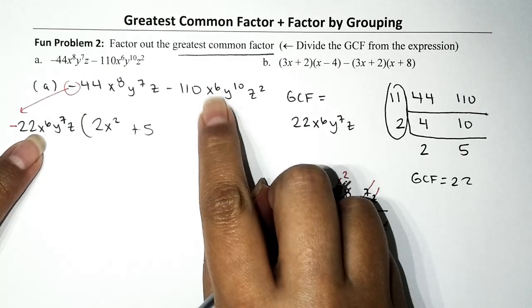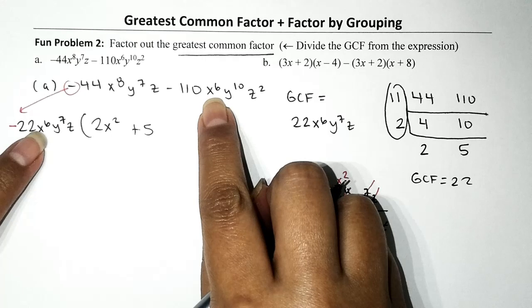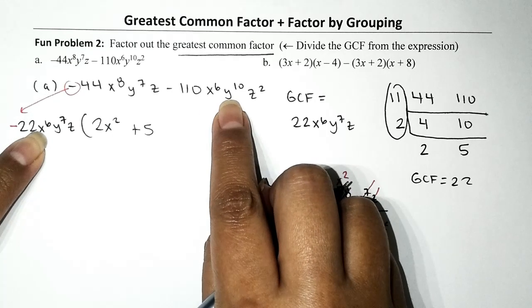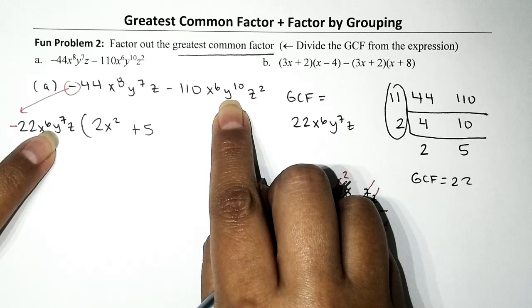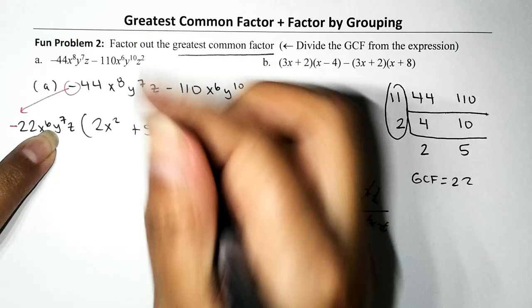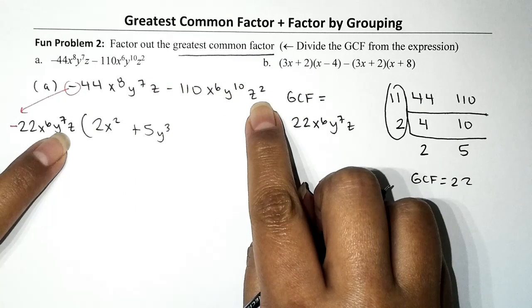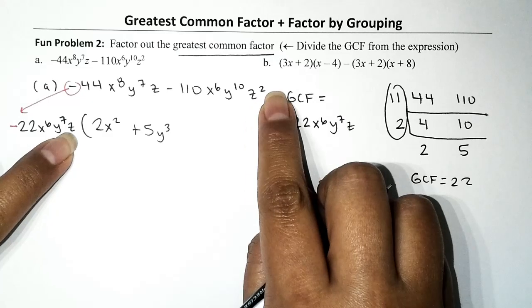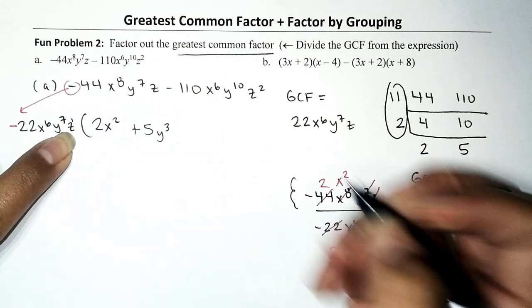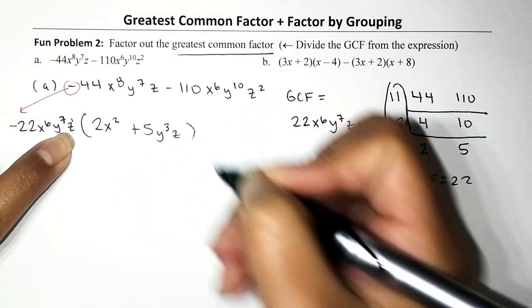The quotient of the x's, x to the 6 divided by x to the 6 will give us 1, or we say it cancels. The quotient of the y's, y to the 10th divided by y to the 7th will give us y to the 3rd. The quotient of the z, z squared divided by z, 2 minus the exponent of 1 is 1. So that will leave us with z.